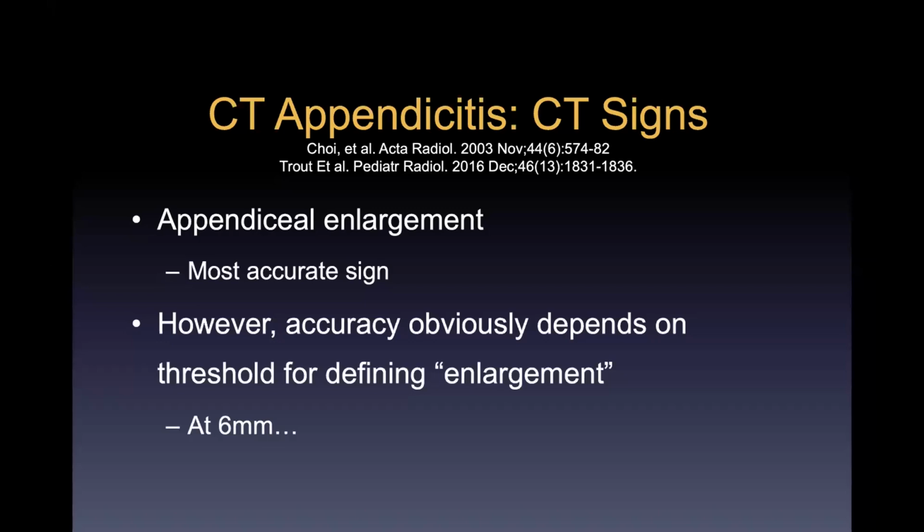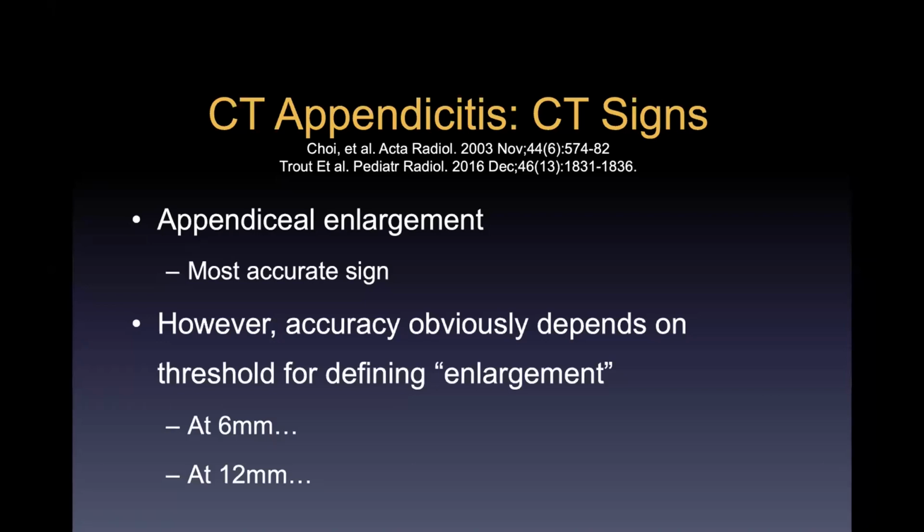If we set our threshold at 6 millimeters, so that anything larger than 6 millimeters is abnormal, we're going to overcall appendicitis a lot of the time. But if we set it at something arbitrarily higher, I've said 12 millimeters here, that's a random number, I just doubled it, we're obviously going to miss cases. So enlargement is an important sign, but this threshold is something critical that we're going to have to come back to.